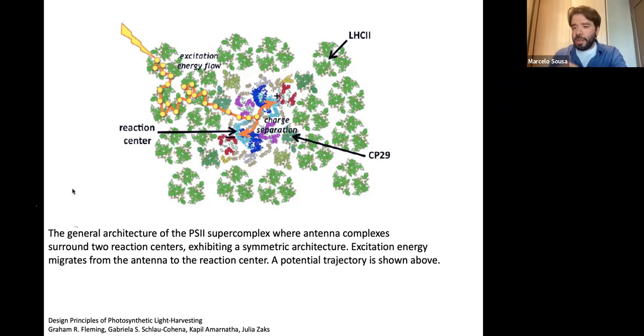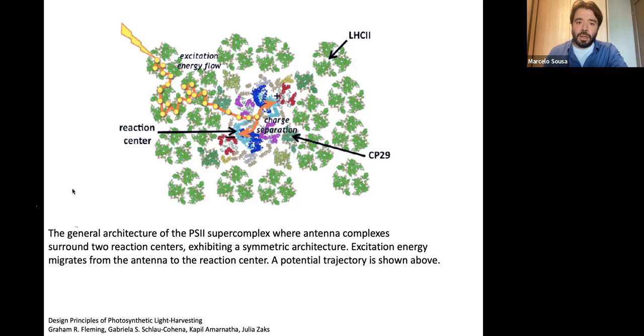The thing is, there is only one reaction center for several of those antennas. And people didn't know how this type of energy transfer could be so efficient. The efficiency is really, really high. Actually, it is probably the most efficient transfer of energy known, natural or artificial.